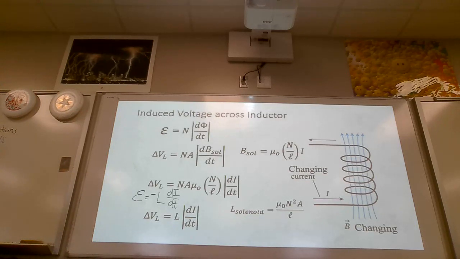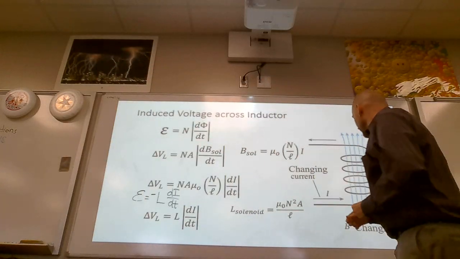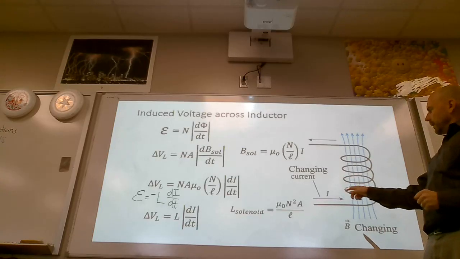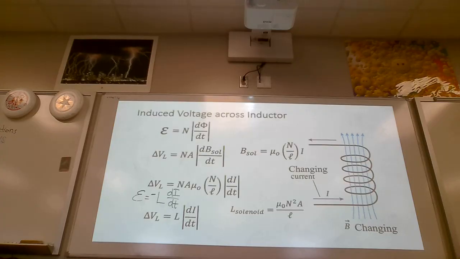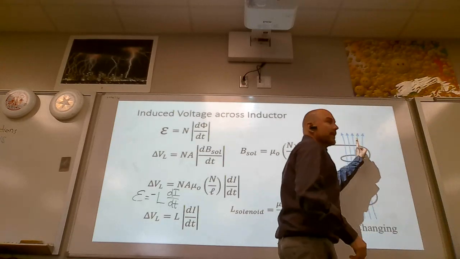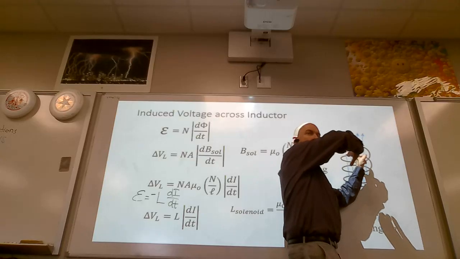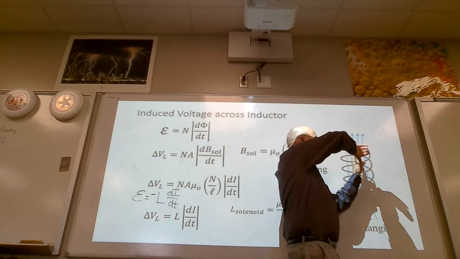Okay? So what this is doing, I'll walk us through this again. So let's say you have current going through it, creates a magnetic field going up. Let's say we're increasing the current. So the change in flux is going this way. So the magnetic field that's induced is in opposition to that.